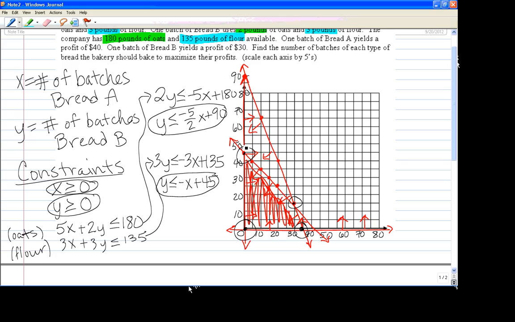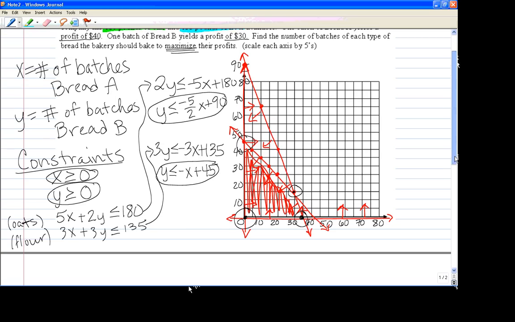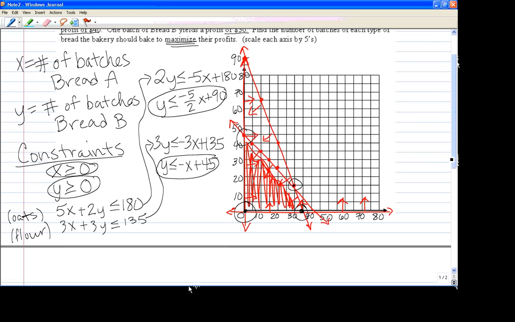Okay. The last bit of information that we had not used is about the profit. Bread A yields a profit of 40, and bread B yields a profit of 30. And we are looking to maximize our daily profits. That means we are going to write an objective function about the profits.